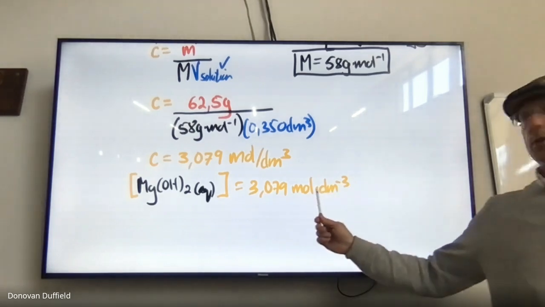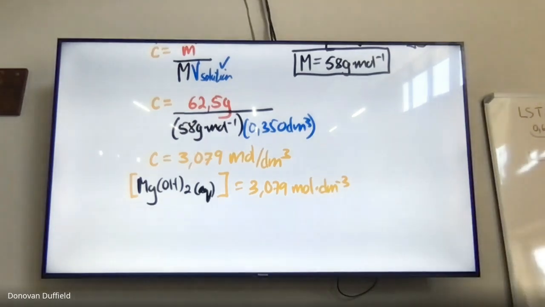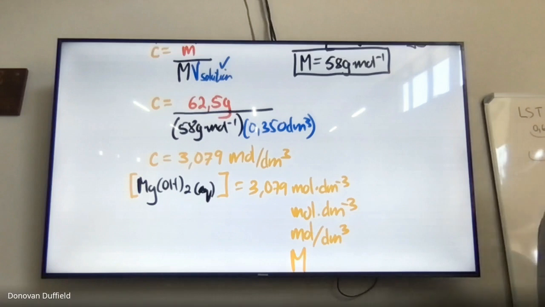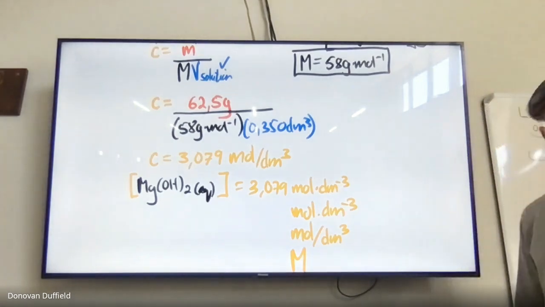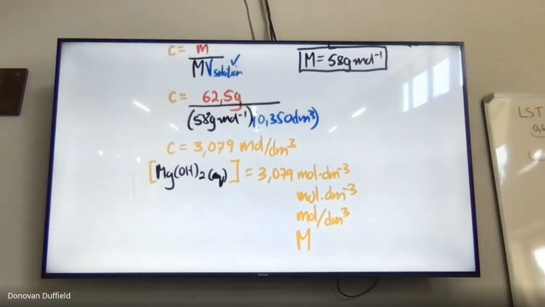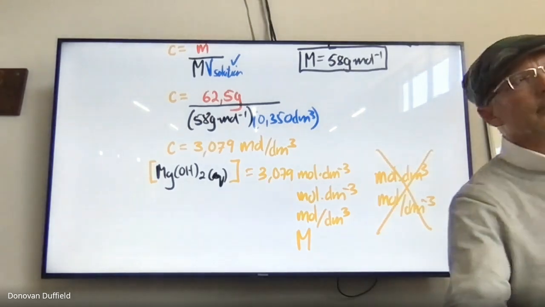You'll see some people put the dot between the mole and the decimeter cubed like that. Mole times decimeter to the -3, mole divided by decimeter cubed, and big M. They're all acceptable. But what happens in an exam is people write mole, decimeter cubed, mole divided by decimeter to the -3. You lose a mark. Don't do that.